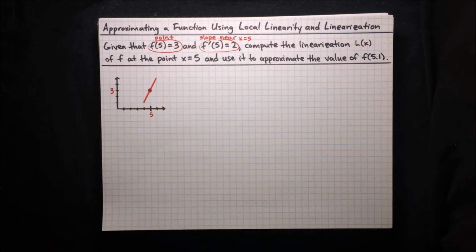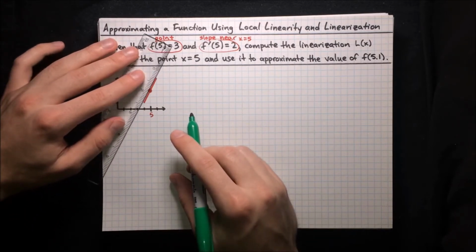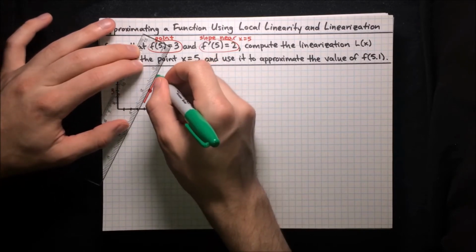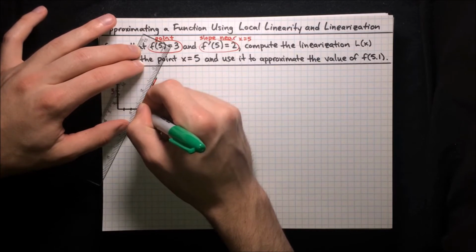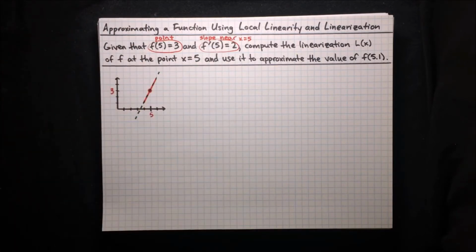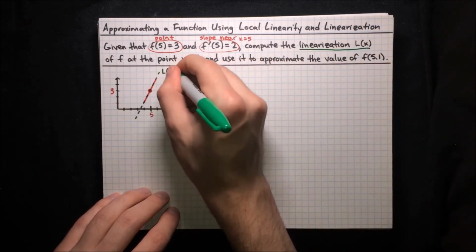So what we want to do is find the equation of this line that has slope 2 and passes through this point (5, 3). Let's go ahead and draw that line in with some dotted marks, just so we can visualize what's happening. This is the line, and that line is our linearization, L of x.